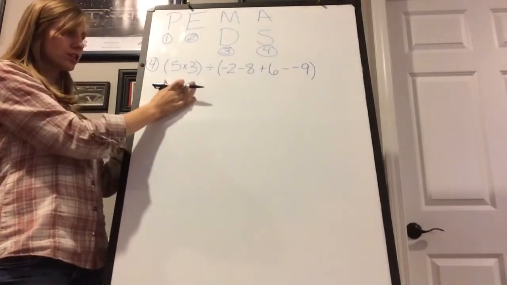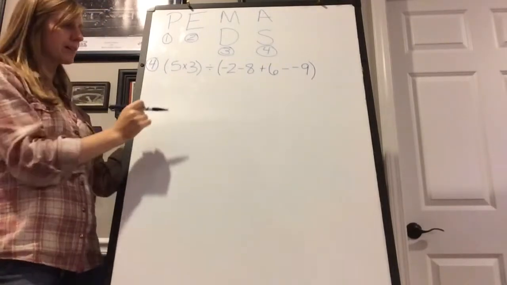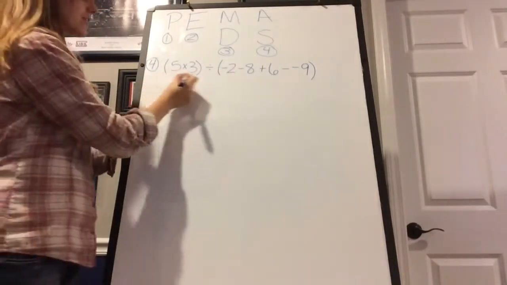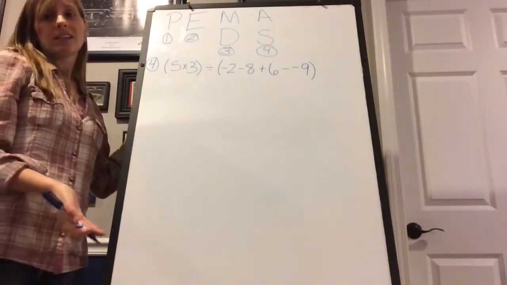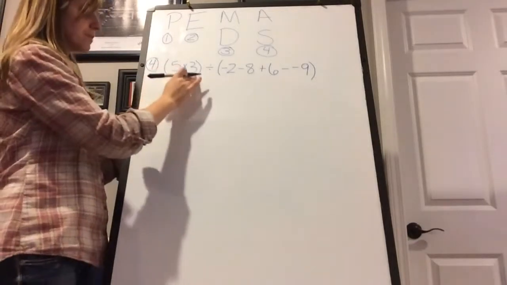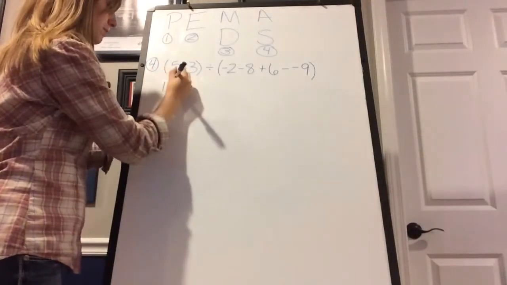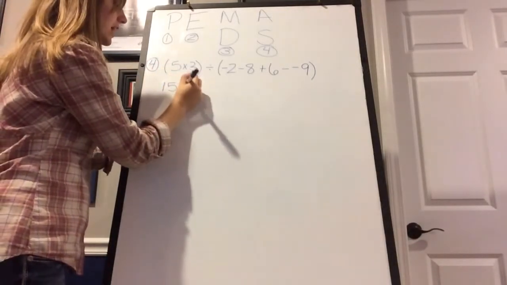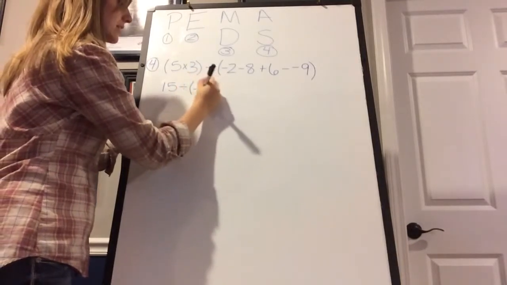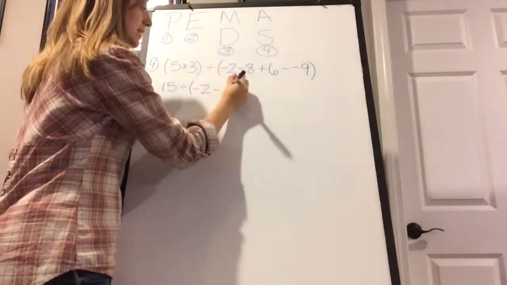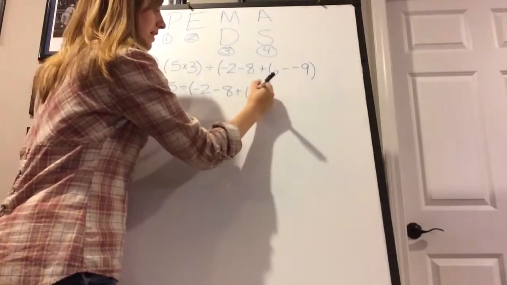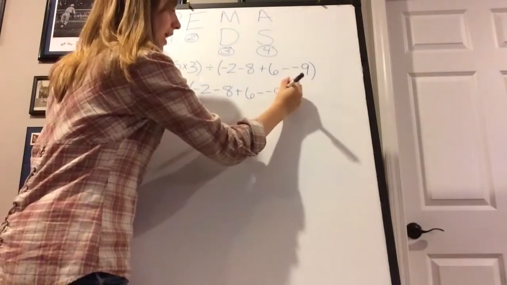So we're going to start over here with our first set of parentheses. All that we have in this first set of parentheses is multiplication. So that's all I need to do is the 5 times 3. 5 times 3 is 15, so this becomes 15. Everything else in my problem stays the same. So divided by parentheses, negative 2 minus 8 plus 6 minus negative 9.